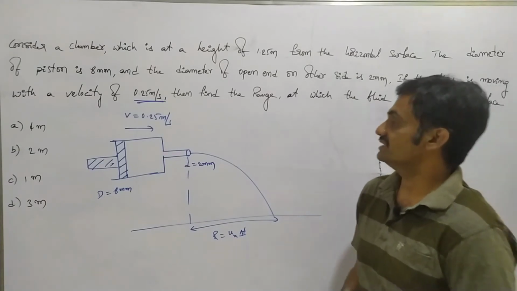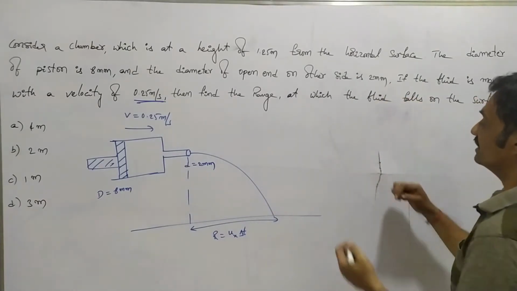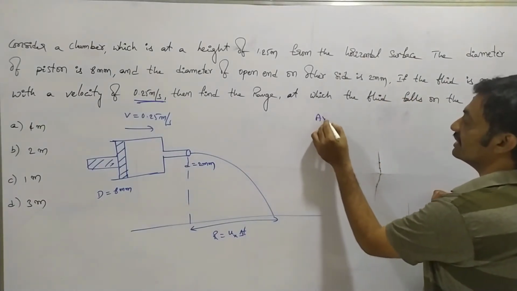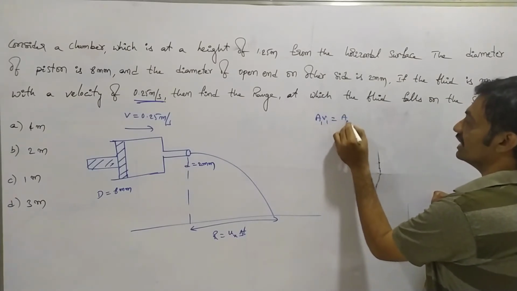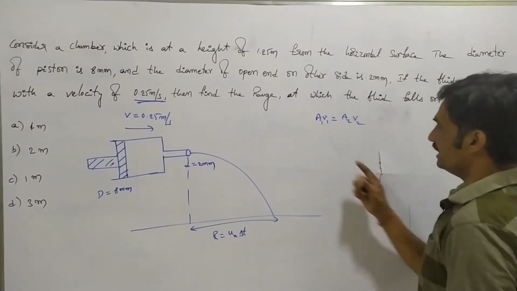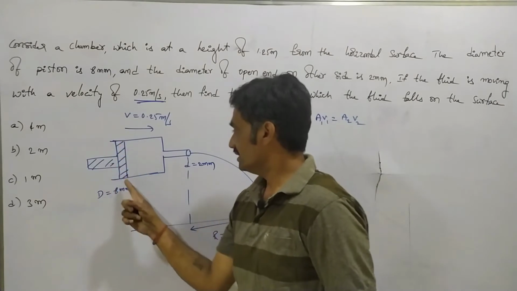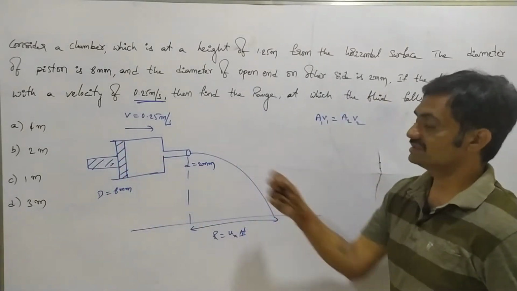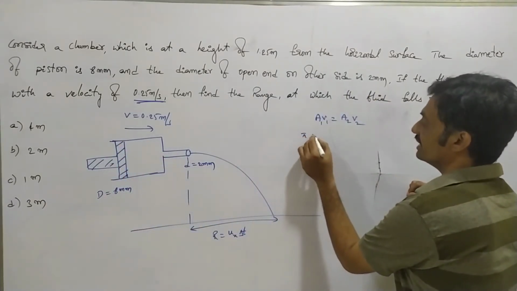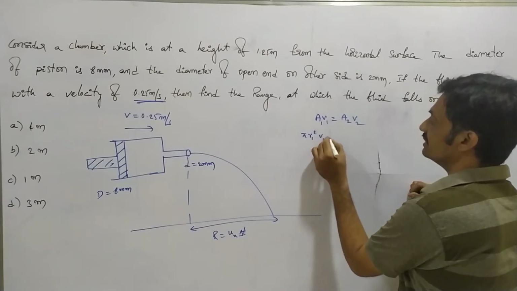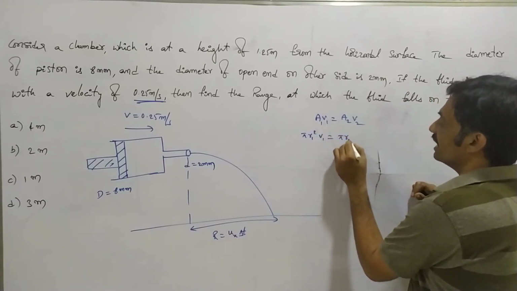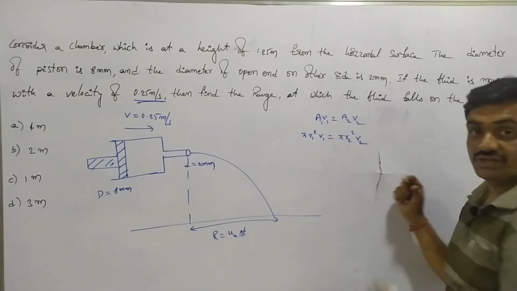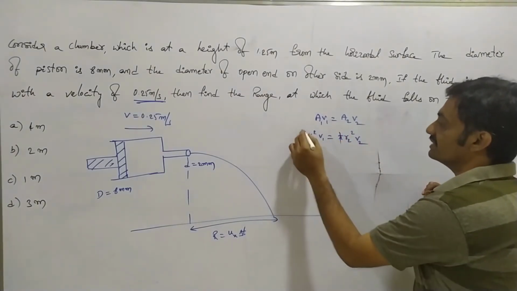To represent this, we apply the equation of continuity, A1 V1 equals A2 V2, and the area of the cylinder is pi r1 square into v1 equals pi r2 square into v2. Observe that here pi gets cancelled.